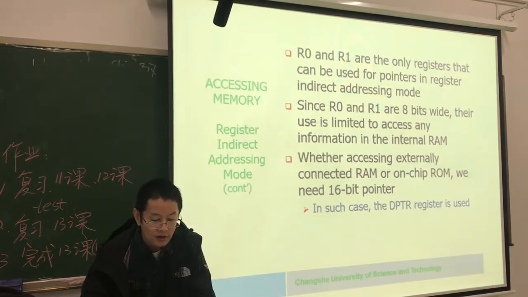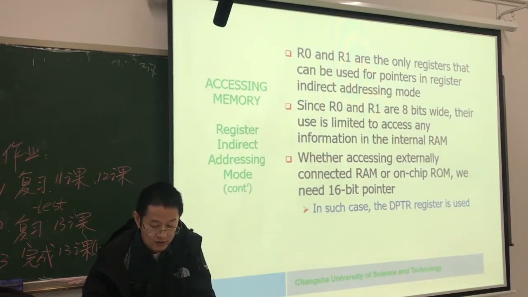R0 and R1 are the only registers that can be used for pointers in the register indirect address model. Since R0 and R1 are 8 bits wide, their use is limited to accessing information in the internal RAM. Whether accessing externally connected RAM or on-chip ROM, we need a 16-bit pointer.